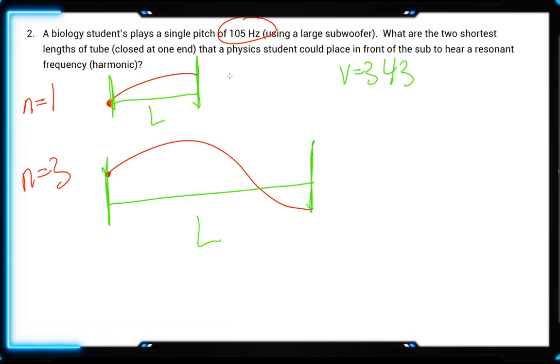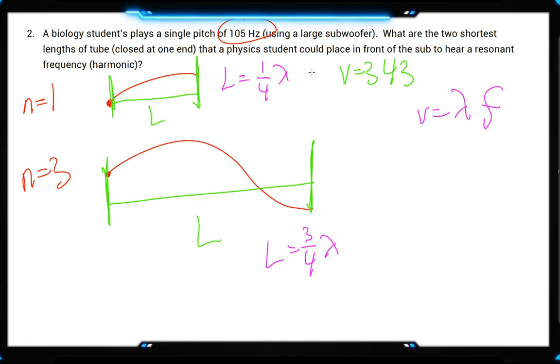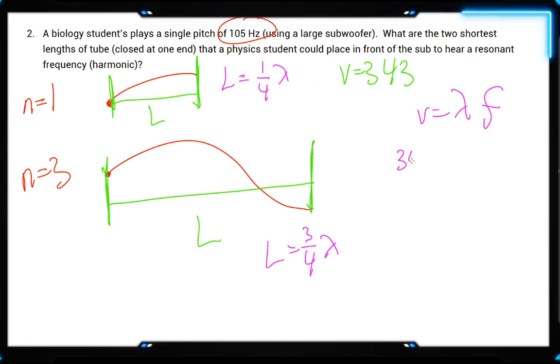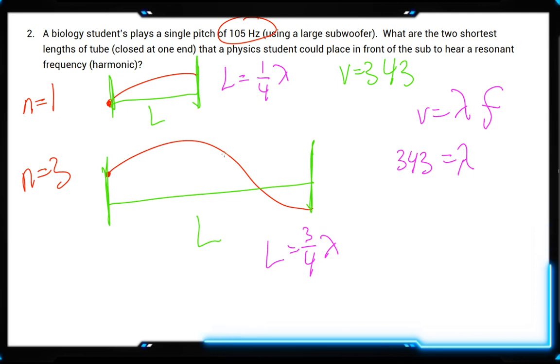For this top one, this length is 1/4 lambda, and this length is 3/4 lambda. I also know v equals lambda f, and I have the frequency, so I've got v equals 343, and lambda is my goal. If I have lambda, I can then solve for my two lengths.